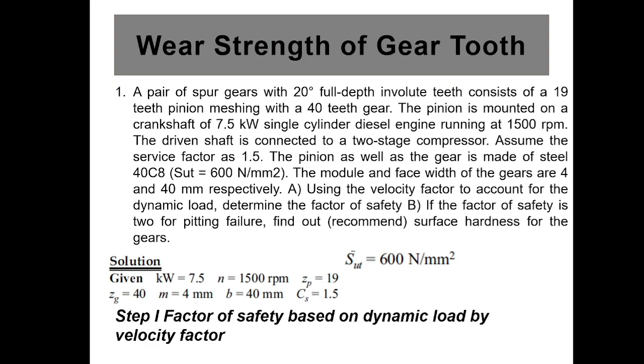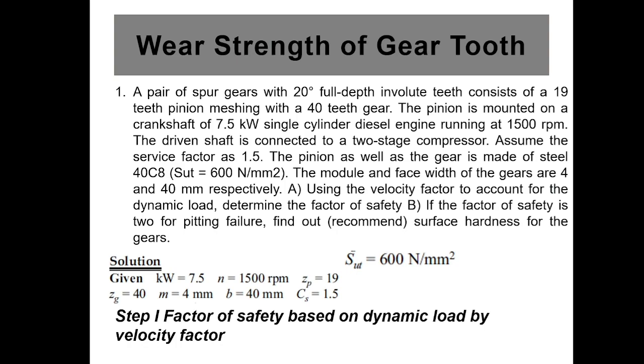Okay, let us see here. First of all, write down the given data. SUT for both the pinion as well as the gear is the same, 600 Newton per mm square. Power is 7.5 kilowatt, and the speed of the pinion is 1500 RPM.